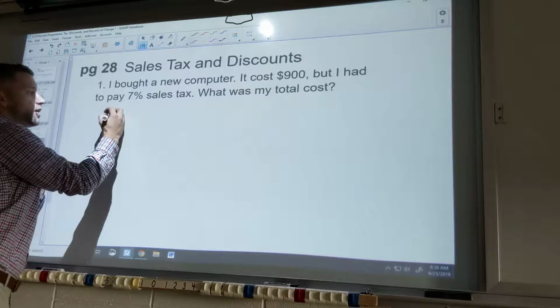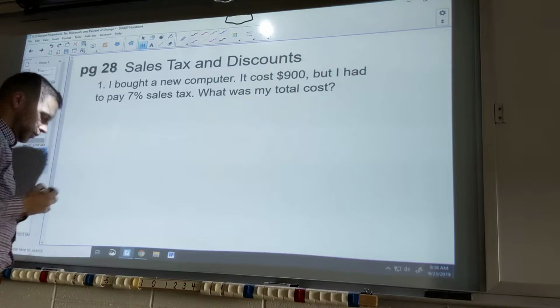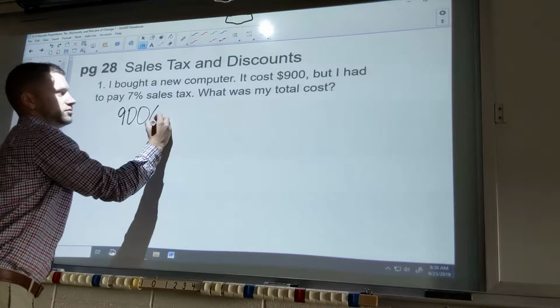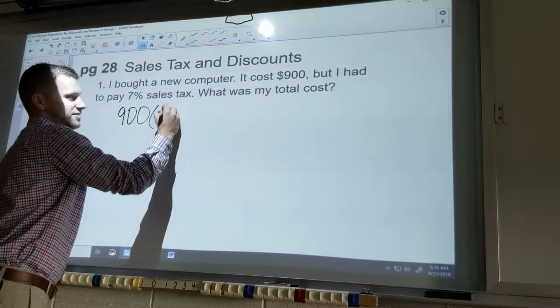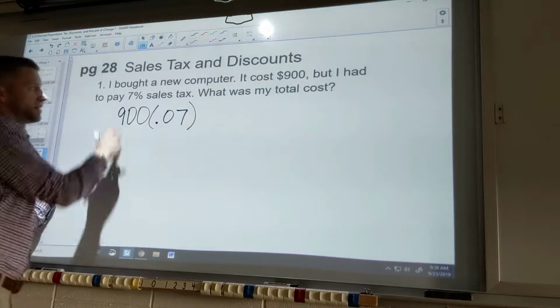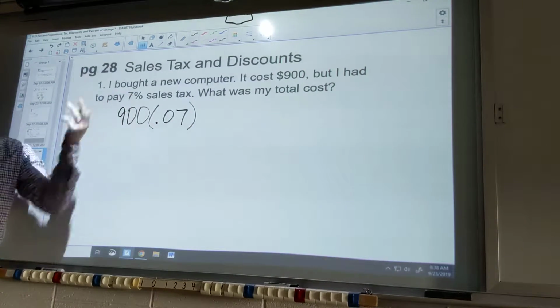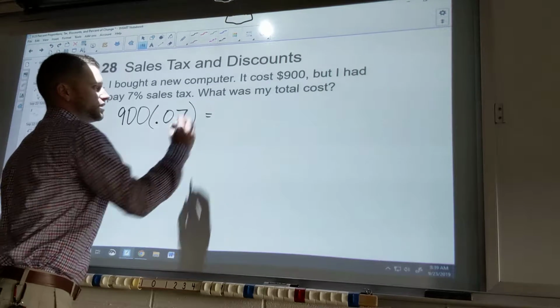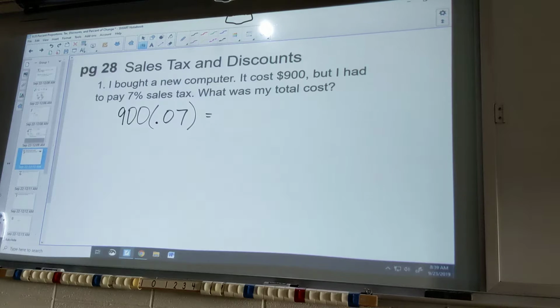So if we want to find 7% of 900, we're going to take 900 and multiply it by 0.07. Make sure we're changing it, basically dividing that by 100.